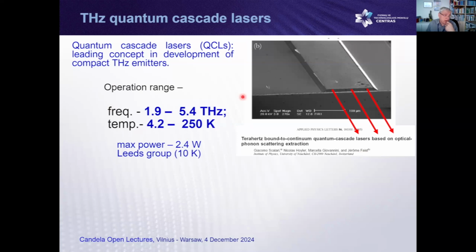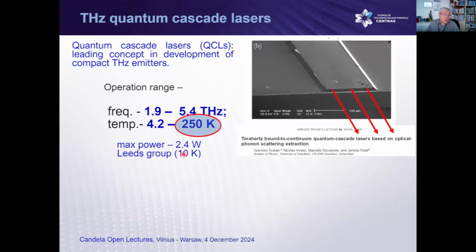Looking at the operation that is important for imaging, the frequency is tunable from 1.9 up to 5.4 terahertz. The temperature range reaches only 250K, which is good. The maximum power, by the way, was reached by the Leeds group, I would say a world record: at 10K, they reached 2.4 watts at 2.8 terahertz.